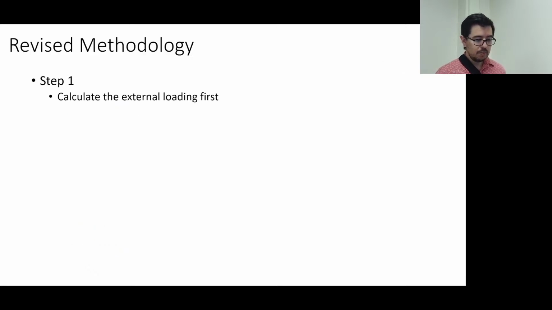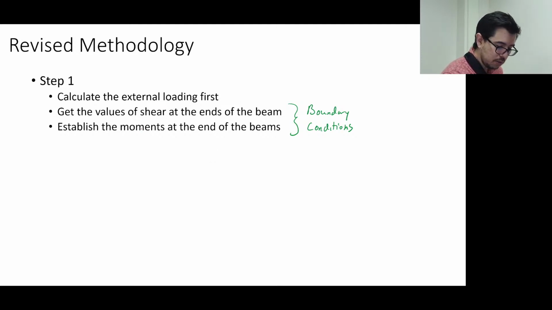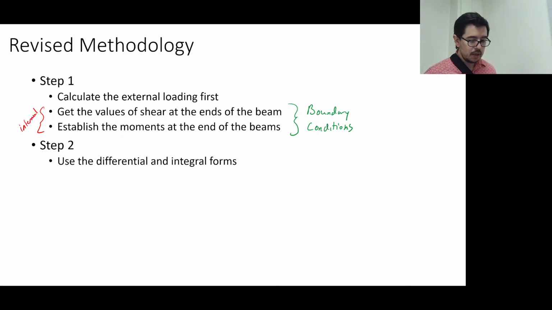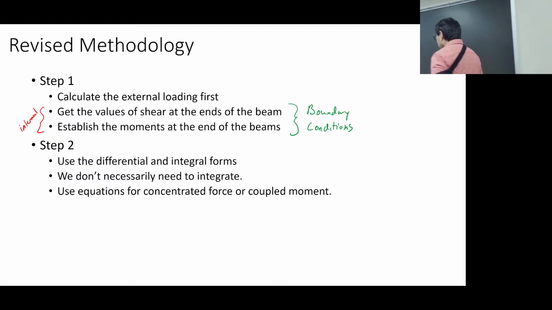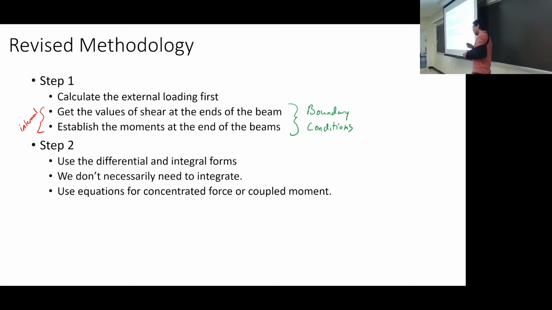So just make sure that we calculate the external loadings first. Use the boundary conditions to get the internal shear. These are internal shear and internal bending moments. And then we're going to use the differential and integral forms. When I say you don't need to necessarily integrate, what I mean is that once you have the boundary conditions, if you know you're going from first order to second order, you can graph it.